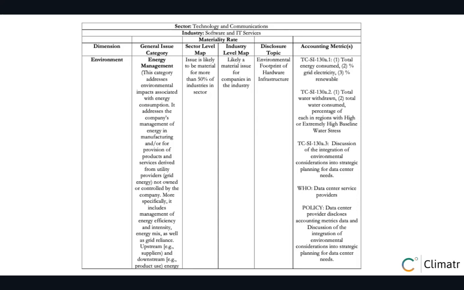And on an industry level, it is also likely to be a material issue for companies in the industry. So this was something we needed to pay critical attention to, energy management, especially relative to environmental sustainability, right?